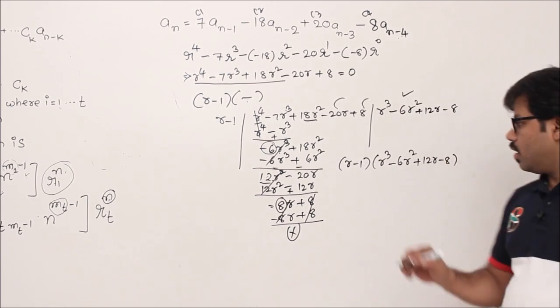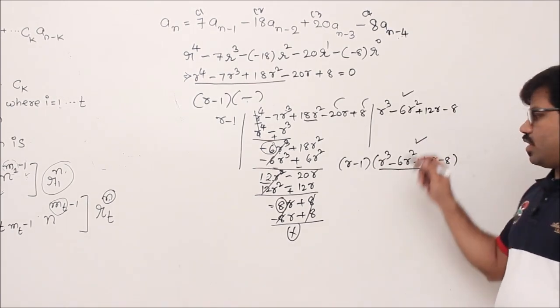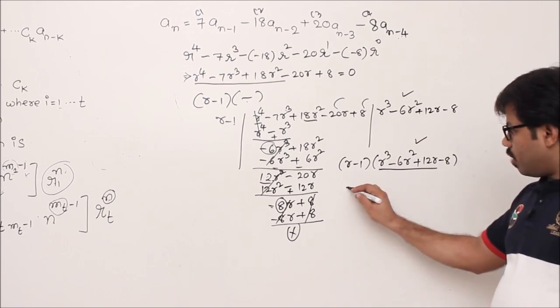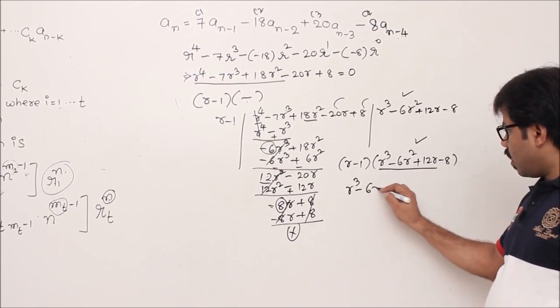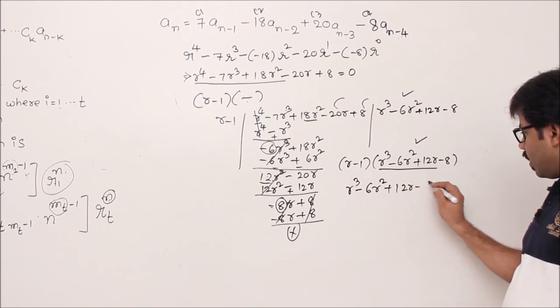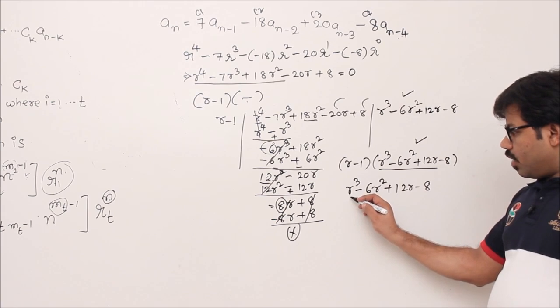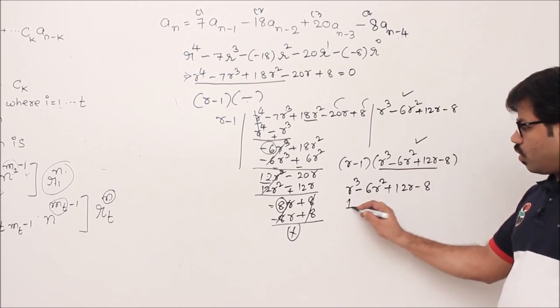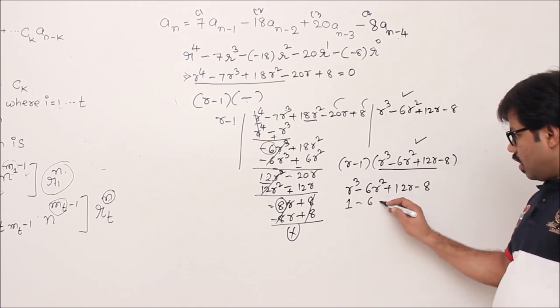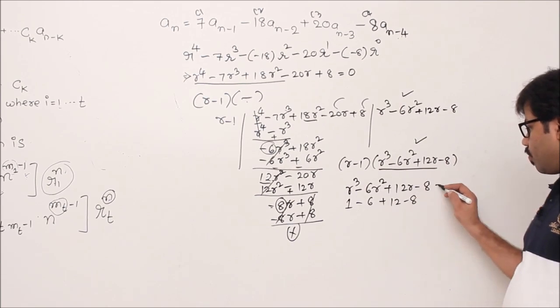Again we should try finding the roots for this equation. Okay, so let me target it. r cube minus 6 r square plus 12 r minus 8. Let's try r value 1 again. If it is really a root, then 1 minus 6 plus 12 minus 8 should be 0, correct?